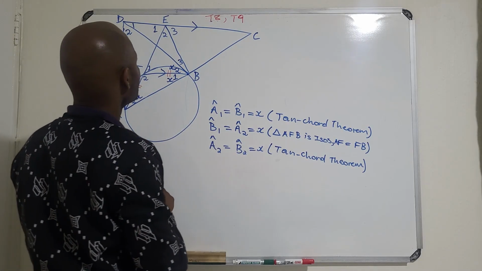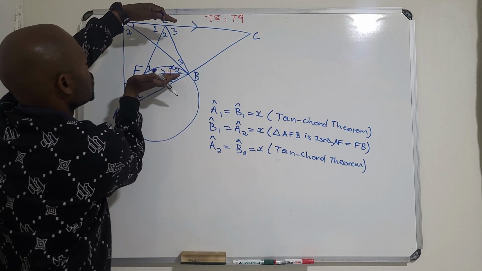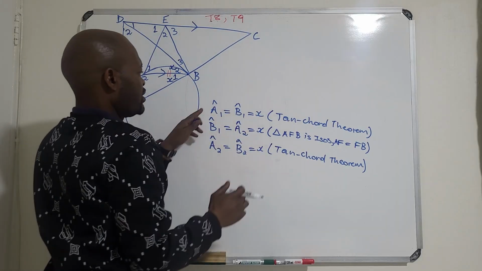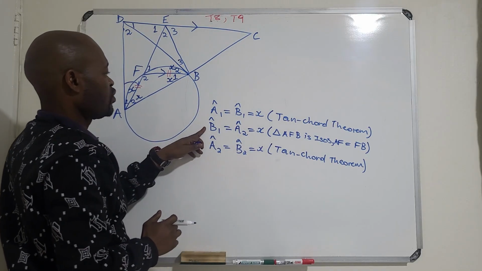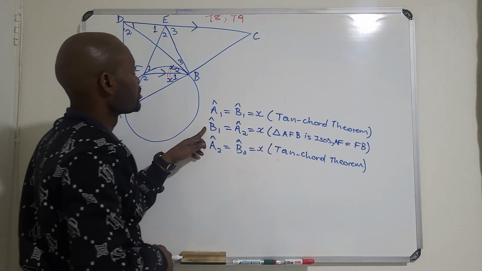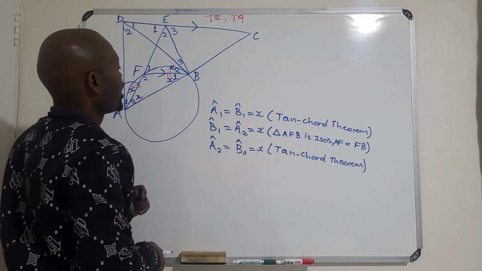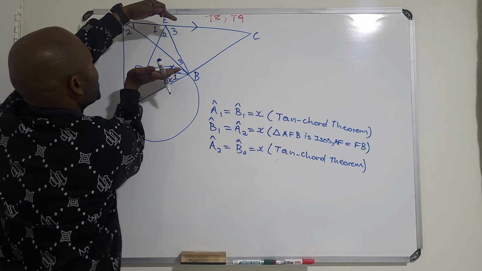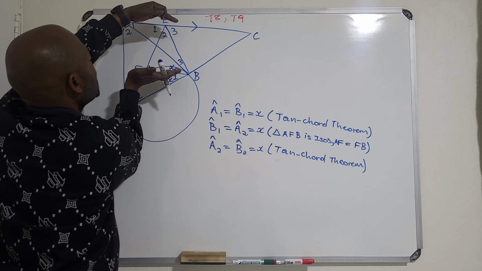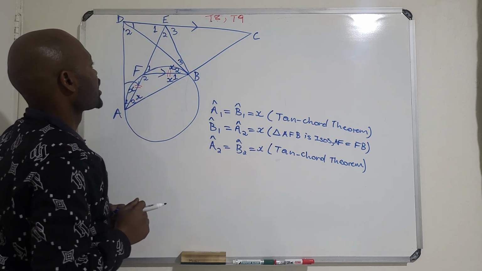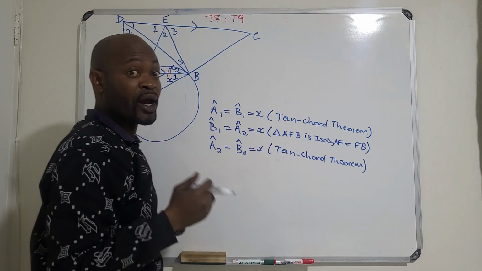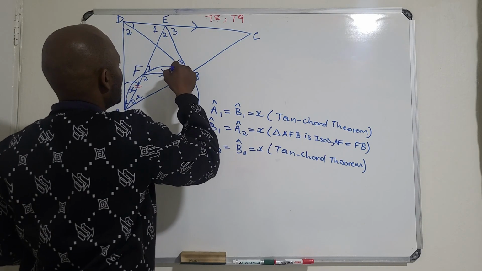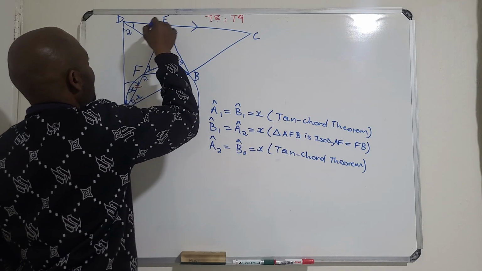Now, we can see that these two sides are parallel. We have used our theorem number 9 there and there. Here we've used the isosceles triangle. Now, we can also use what we learned in part 1, talking about a Z shape or an N shape, where this angle there is equal to this angle there.